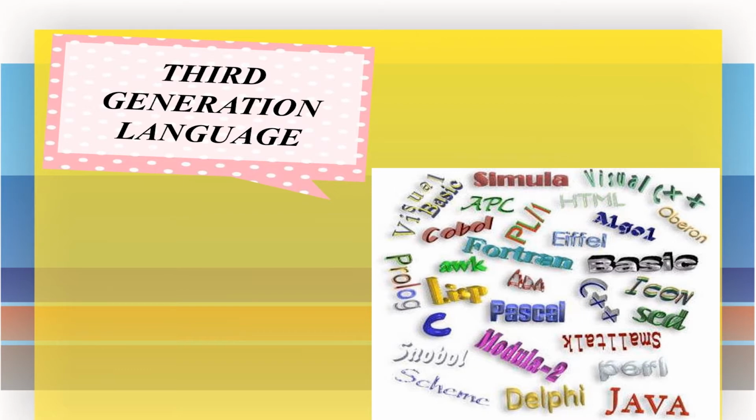Since the 1950s, many different high-level languages have been developed, and they vary in design based on their purpose. Some examples of 3GL are BASIC, Fortran, C, C++, APL, COBOL, Modula-2, Pascal, and Perl.